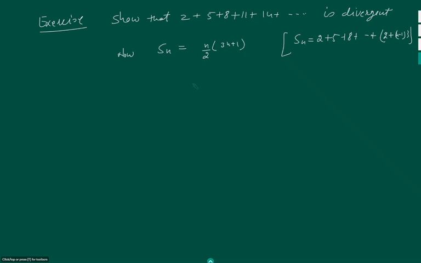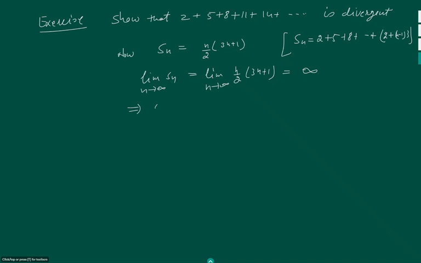You can very easily calculate Sn, and if you take the limit of Sn as n tends to infinity, this comes out to be the limit of n by 2 into 3n plus 1 as n tends to infinity, this limit would be infinity.